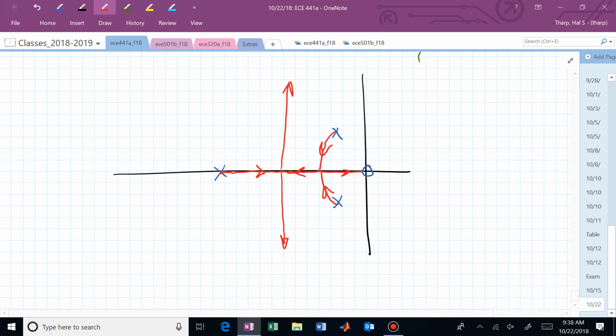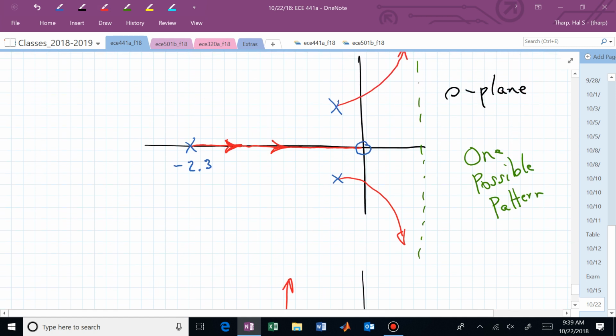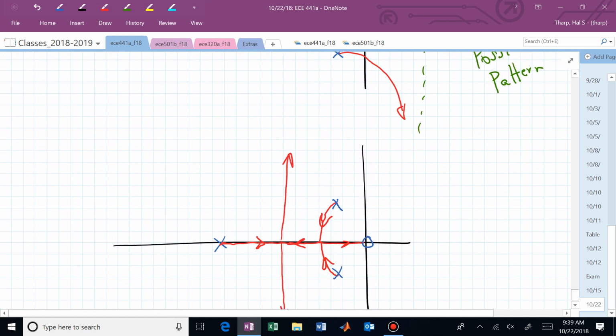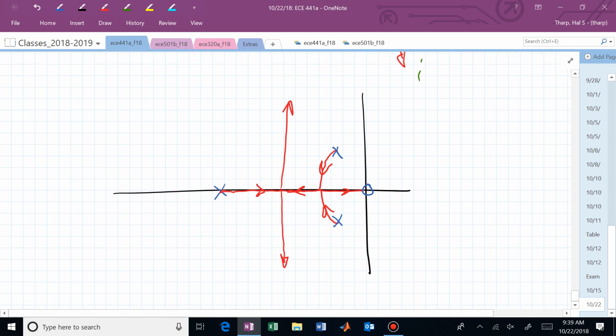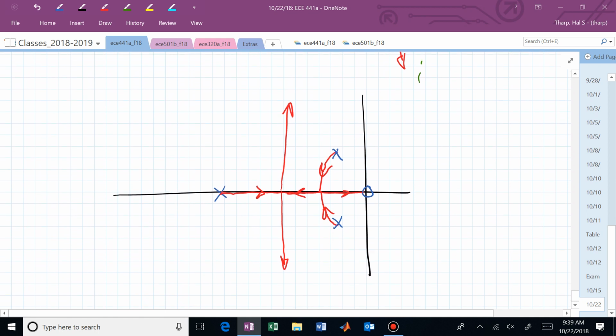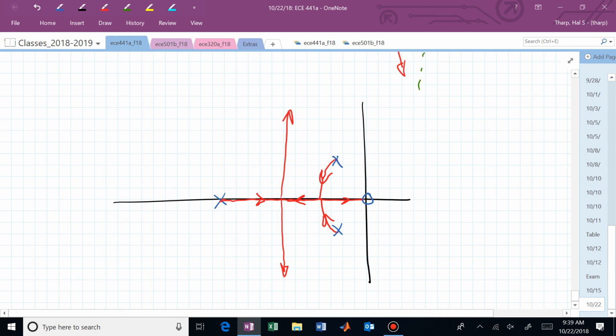Oh my goodness. Which pattern is it? Well, we will learn using the rules of root locus construction why it's one of these and not the other. One of these patterns just doesn't belong. For some reason that came back with Sesame Street. I don't know where that came from.